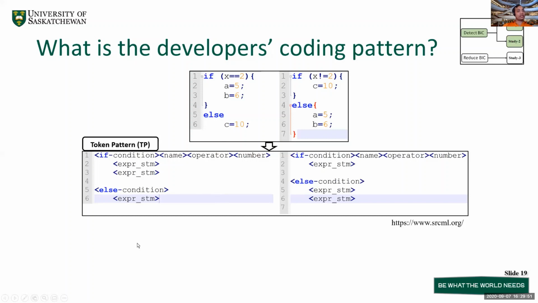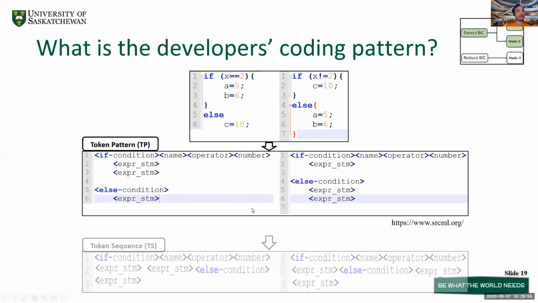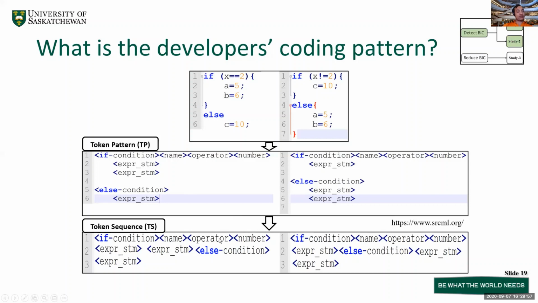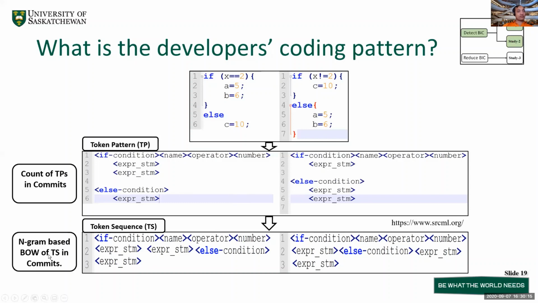From the token names of this XML pattern, I have extracted all the sequences of the tokens and then counted the token patterns in the commit source code of the commit page. For each commit, I counted how many similar token patterns have been extracted, and also did an n-gram based bag of words, which is mainly used in natural language processing techniques.